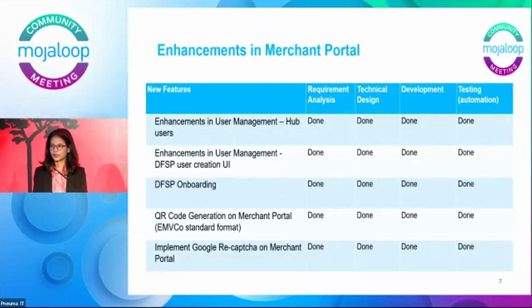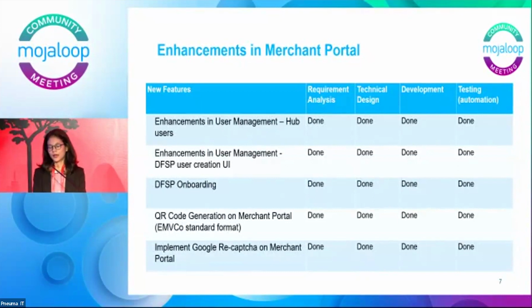In terms of new features that we developed in this PI, we had already done some items in the area of user management, so we enhanced some of those items in this PI. In user management, for now there will be two main parties: one is the hub and the other is the acquiring DFSP.